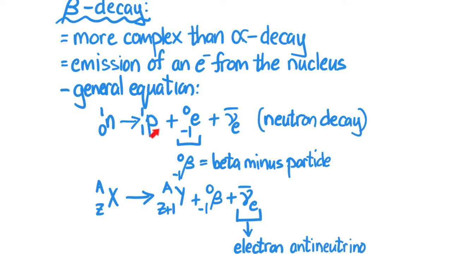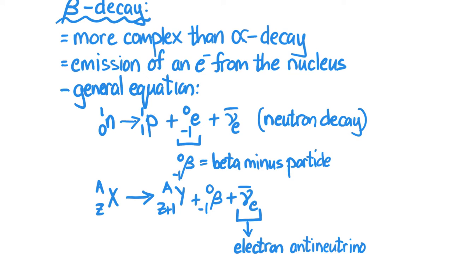Right, now this proton is not going to be ejected out of the nucleus. It's going to remain in the nucleus, so it adds to the atomic number of the nucleus by 1. But by doing that, the element changes from X to Y, so this denotes a different element. But because a neutron has become a proton and both are nucleons, the mass number remains unchanged. Now, we have the beta particle and we have the electron antineutrino. That's what that bar is on the top.